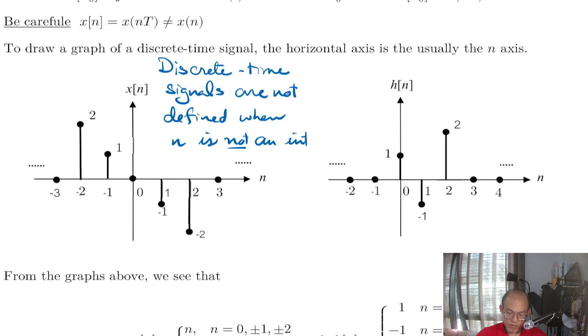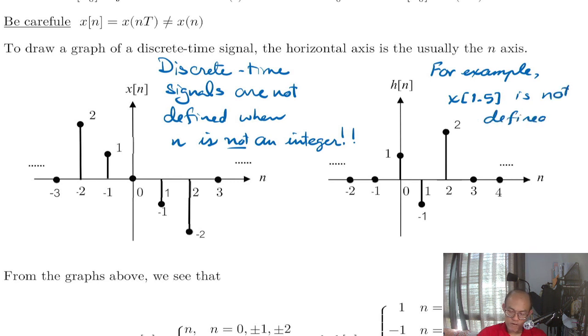Okay, they are only defined when n is an integer only. For example, x of 1.5 is not defined. We don't talk about x of 1.5. Okay, the value inside the straight brackets has to be an integer.